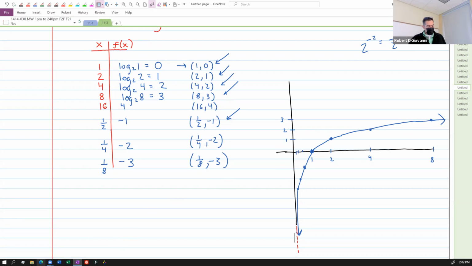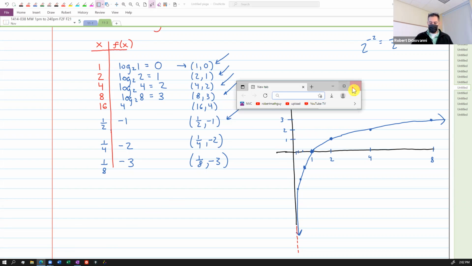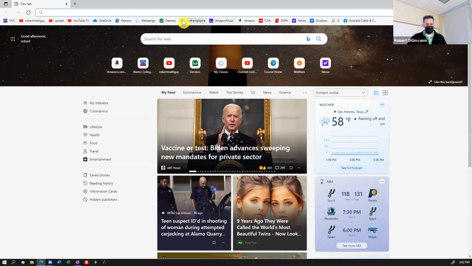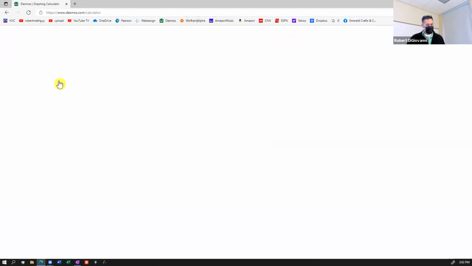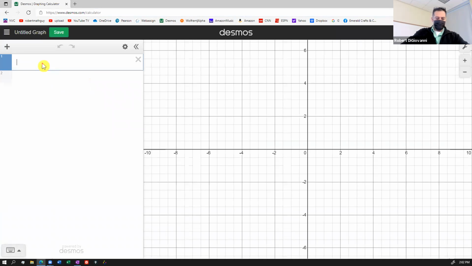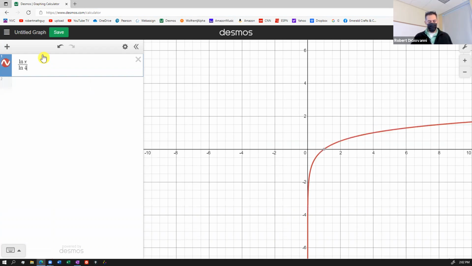Now, I'm going to go to some graphing software because I want you to see the logarithmic function graphed by a computer. Okay, you'll just have to trust me that that's the graph.